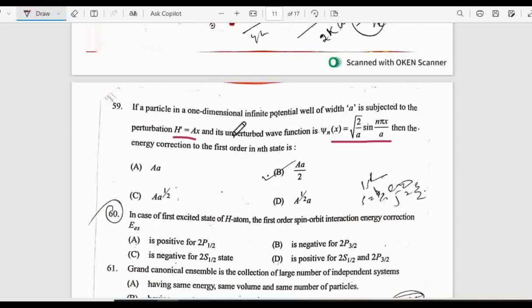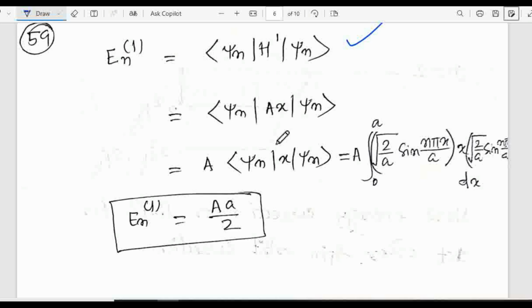And we also know that for an asymmetric potential well, the average position of a particle is always a by 2. Whatever the length of that well, the average position will be that length by 2. If the length is, suppose, L, then the average position of that particle is L by 2.